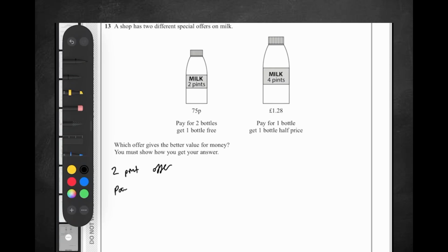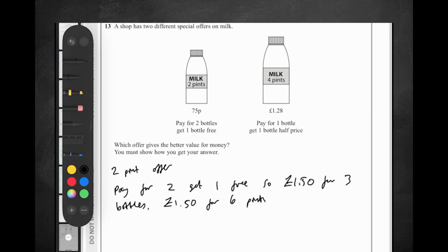So pay for 2, get 1 free. So it'll be £1.50 for 3 bottles, £1.50 for 6 pints, therefore 25p per pint.